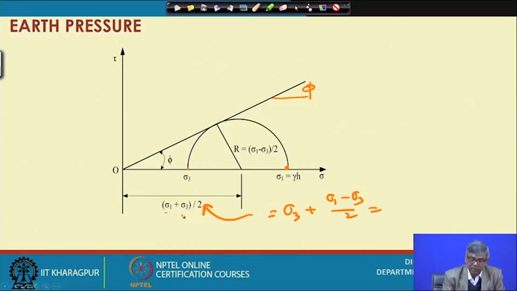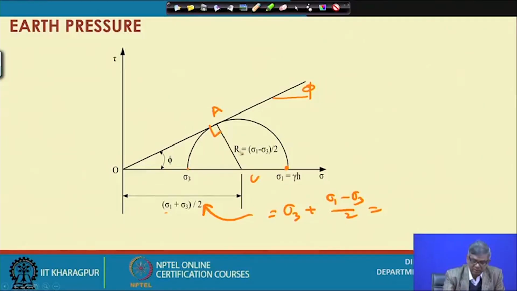Now, based on this, if I consider this triangle, suppose O, A and C, and I consider sin phi, and this is a right angle, I can write down the expression for sin phi, and from that I can relate sigma 1, sigma 3 and phi. So sigma 1 and sigma 3 will be related only to phi, because for granular soil, phi is a function of the coefficient of active earth pressure or passive earth pressure. That we will see in the next slide.